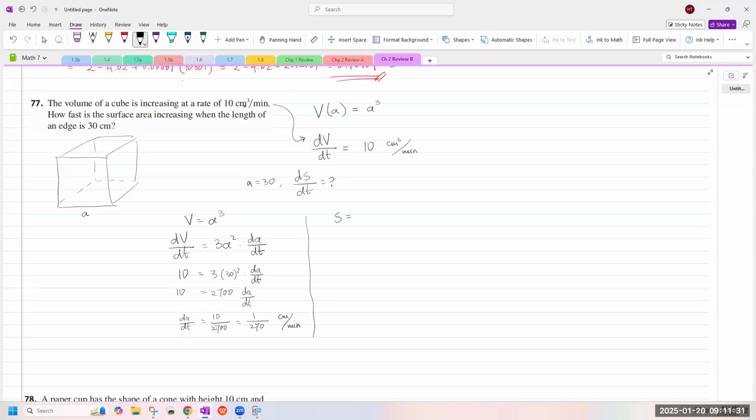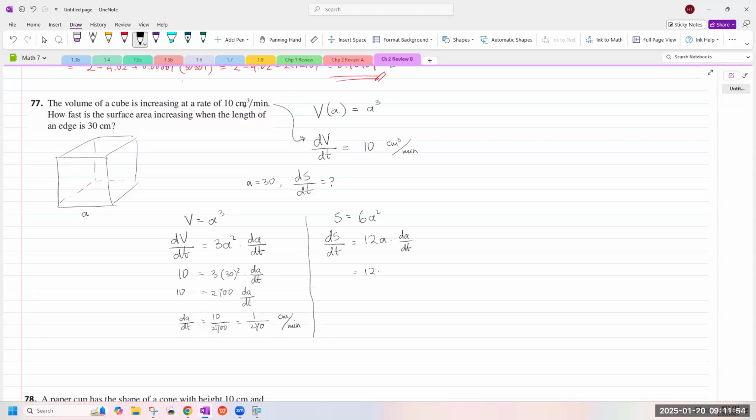Surface area of a cube will be, there are 6 surfaces, all of them with area a squared. So dS/dt, the change of the surface area with respect to time, will be the derivative of this with respect to time. That will be 12a times da/dt by chain rule.